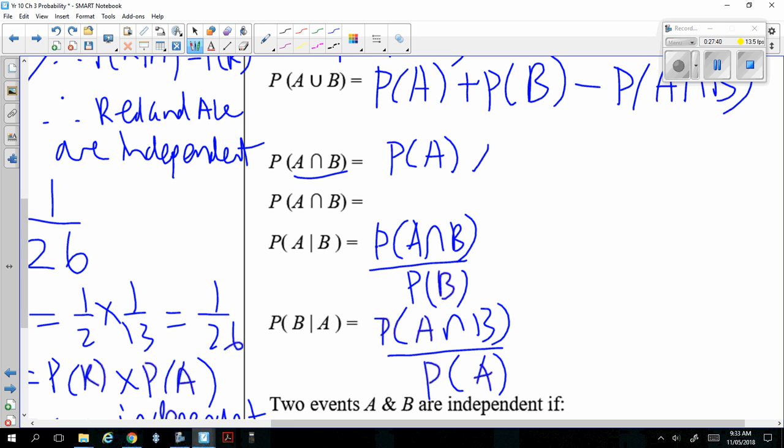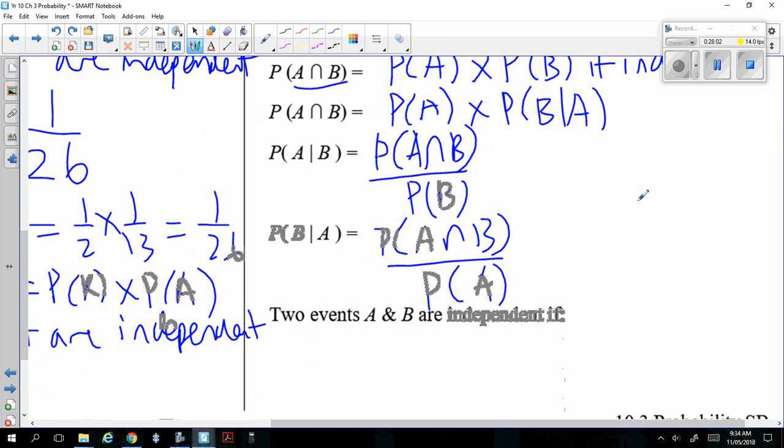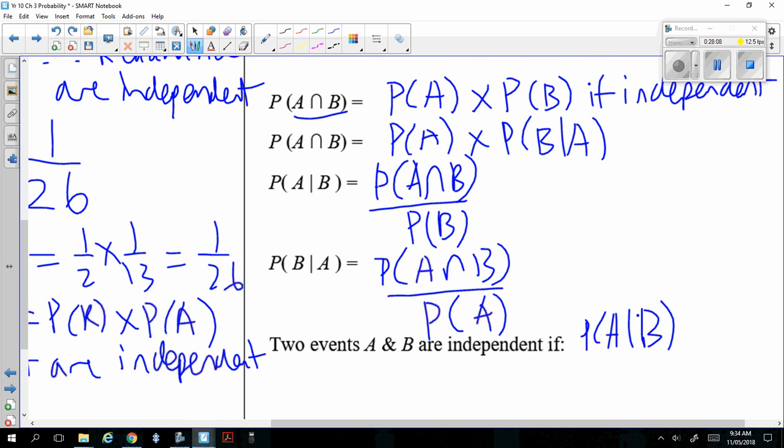But if it's not independent, then you have probability of A times probability of B given A. And finally, two events are independent if probability of A given B is equal to the probability of A, or the other method is just to prove that probability of A and B is equal to probability of A times probability of B.